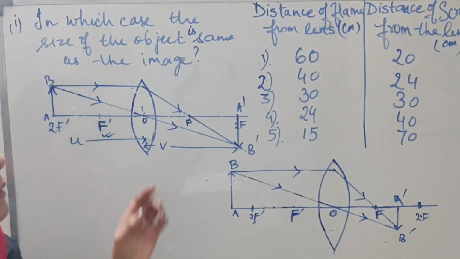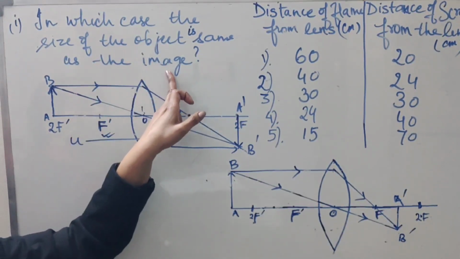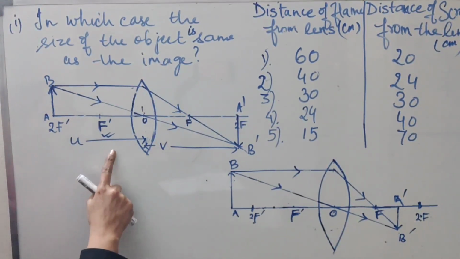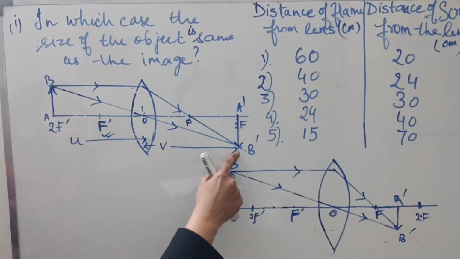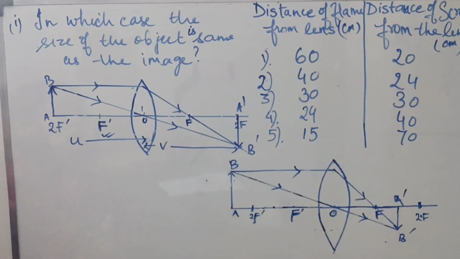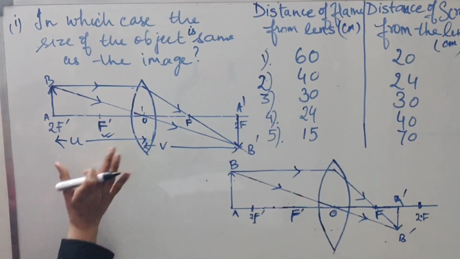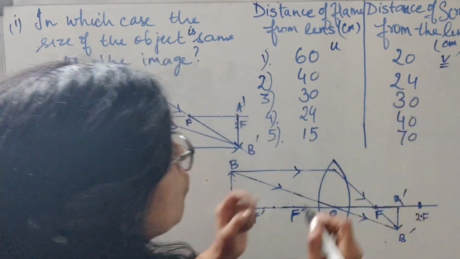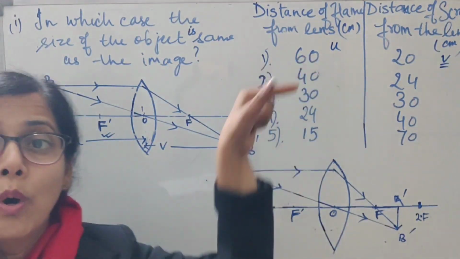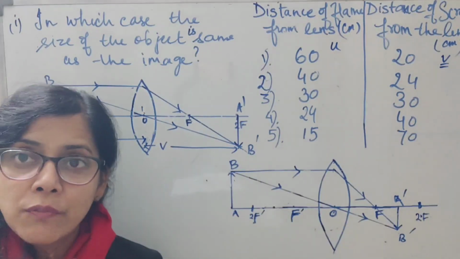So they were asking the same, that where the size of the object is equal to the size of the image. So it is clear from this ray diagram that the size of the object is equal to the size of the image. So which is this case? Now you see the figure very clearly. This is u given to us and this is v given to us. So u is the distance of the object from the lens and v is the distance of the screen from the lens.